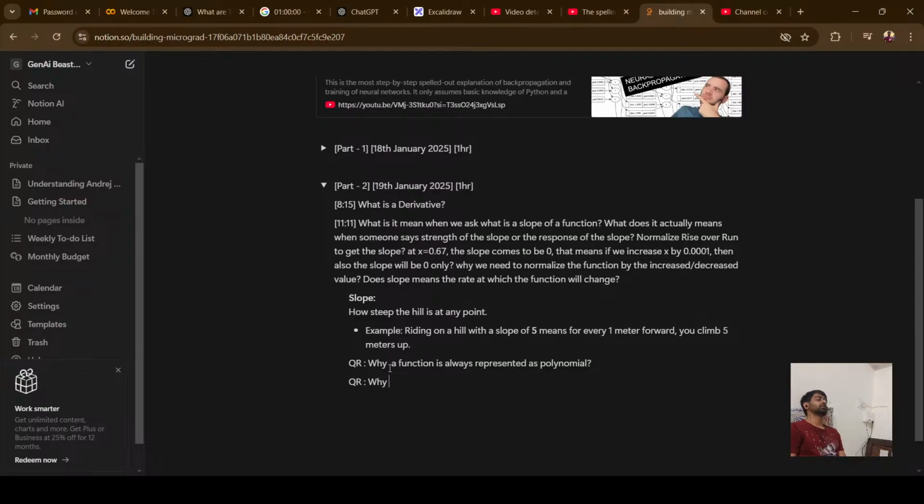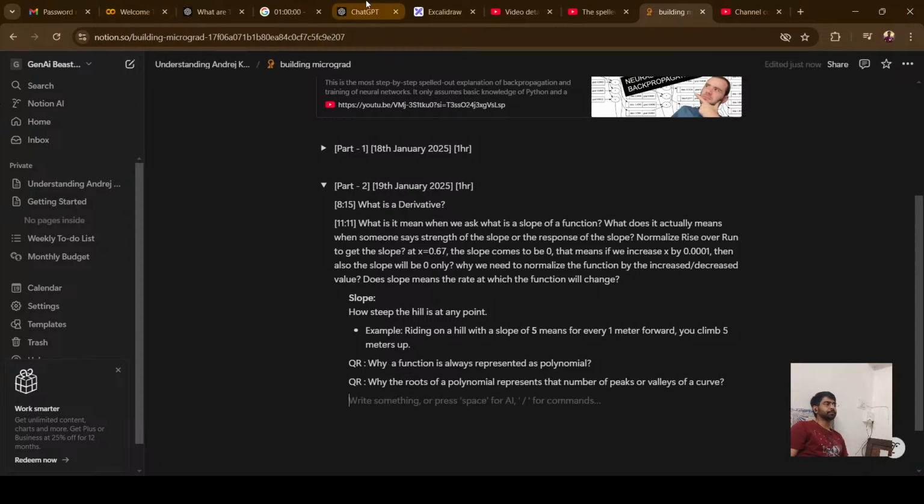Okay, this is the first part. And why the roots of a polynomial represent the number of peaks or valleys of a curve. ये क्वेश्चन है ठीक है.